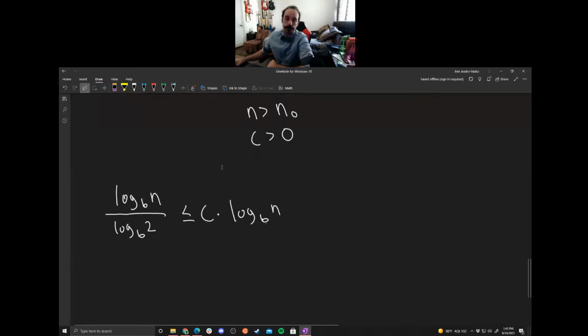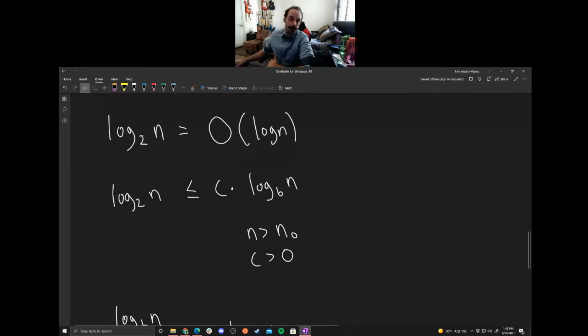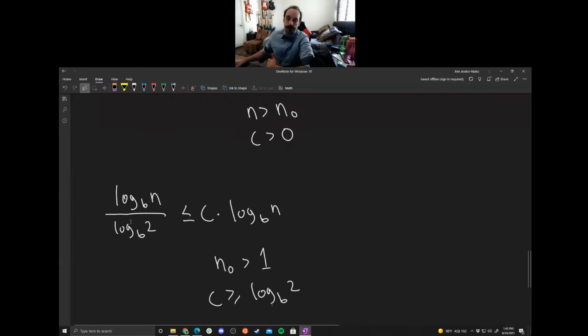So basically, as long as n naught is larger than 1, and as long as c is larger than or equal to 1 over log b of 2, this works. That means log 2 is in this set. The idea is that no matter what I choose, if I had chosen log 3, log 4, any of them, I could easily convert them like this.